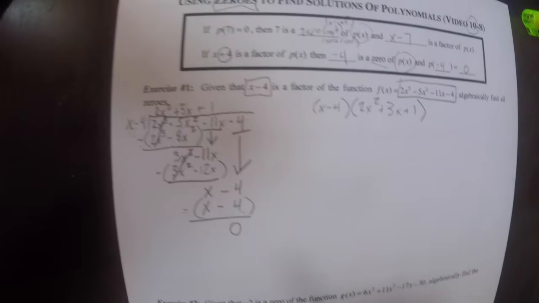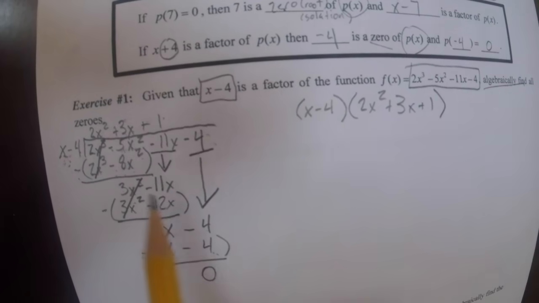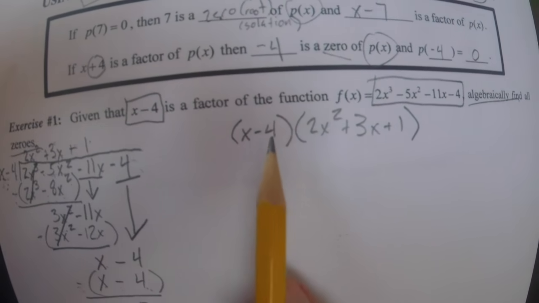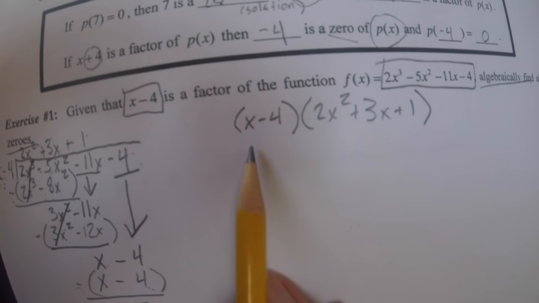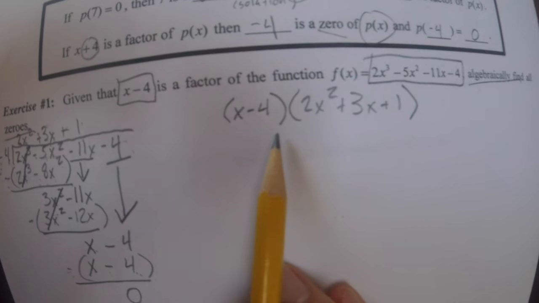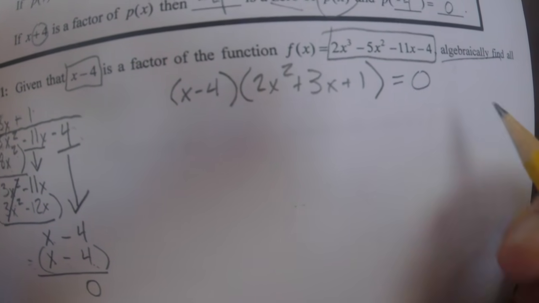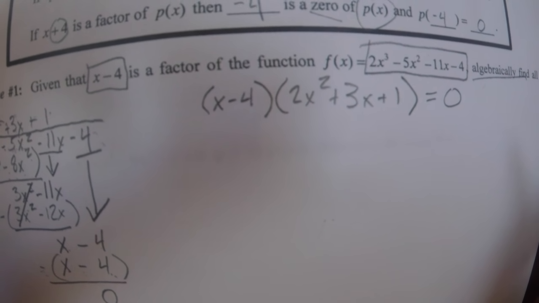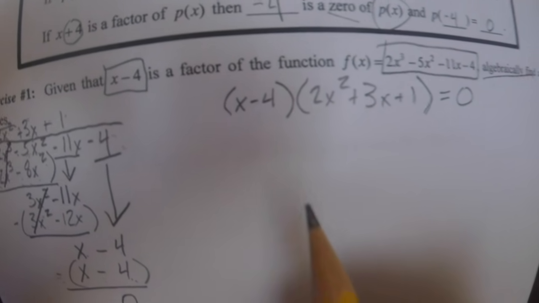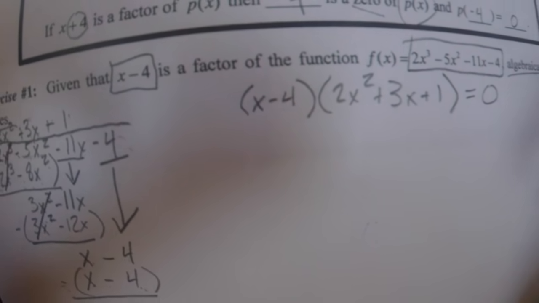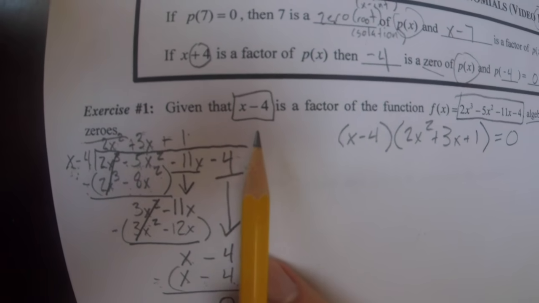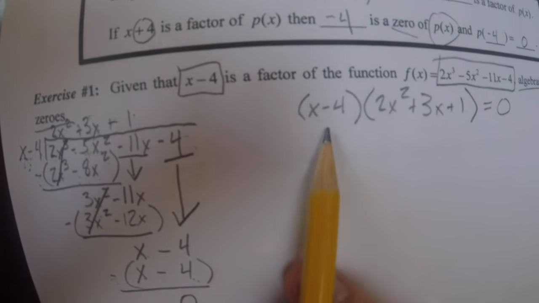But I'm being asked to find all the zeros. Well, once I have the two factors, what can I do with these two factors in order to find all the zeros? I'm going to set them equal to 0. Okay? Now, x minus 4 is fully simplified. Okay? We talked about it before. I know that one of the zeros is going to be positive 4.